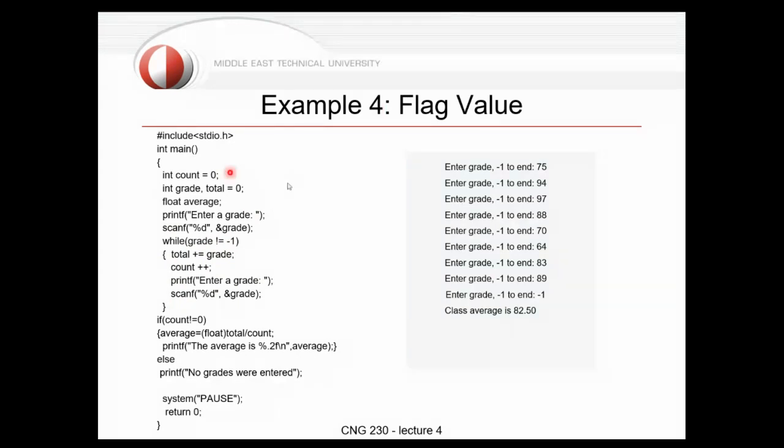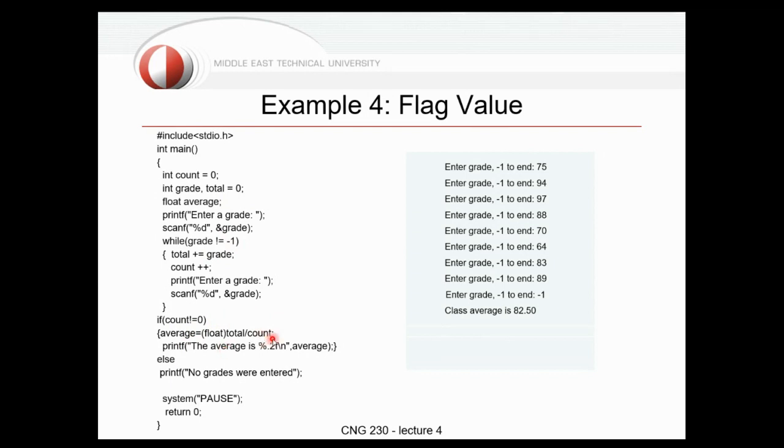So after entering all of the grades by the user, as soon as the user enters -1, we get out of this loop and we check here. If user enters any number, because if from the beginning user types -1, we should check that, because the formula contains a division.